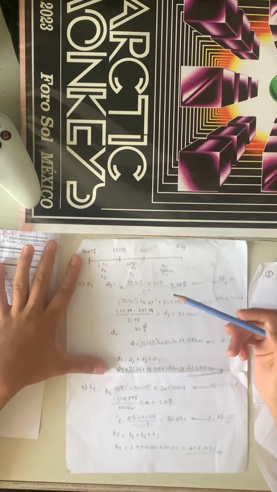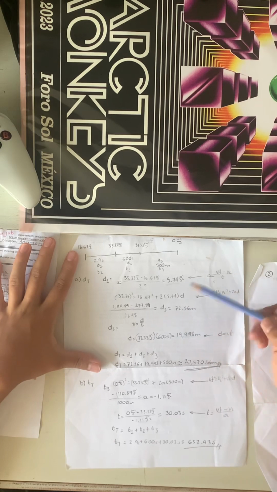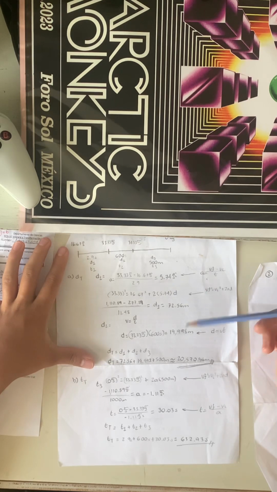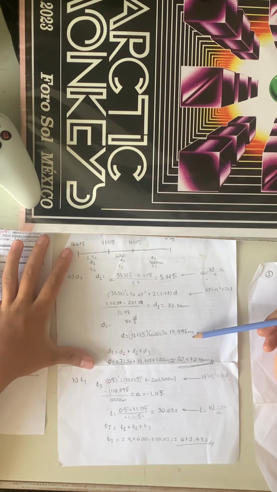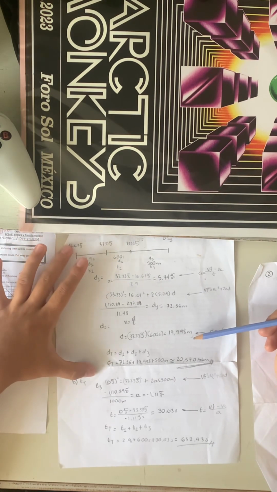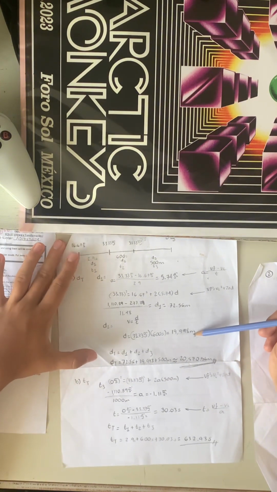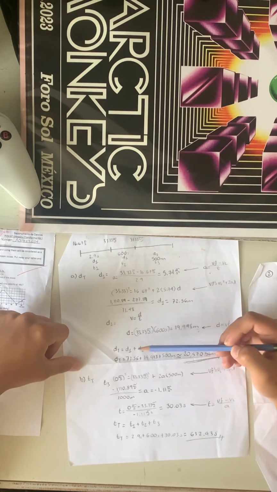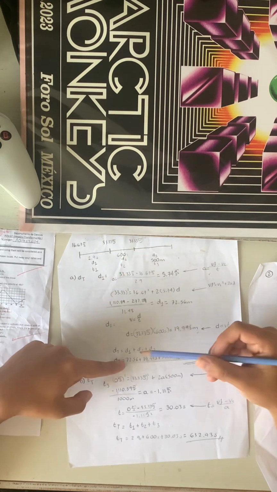So with this formula, we'll get distance, which is distance is equal to velocity times time, which is 19,998 meters.